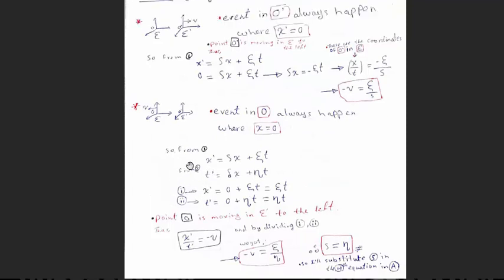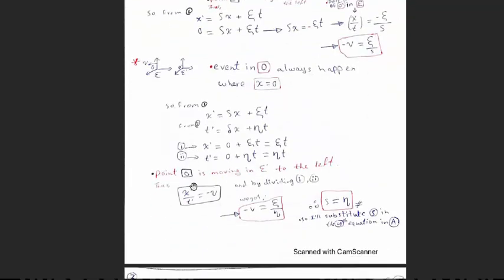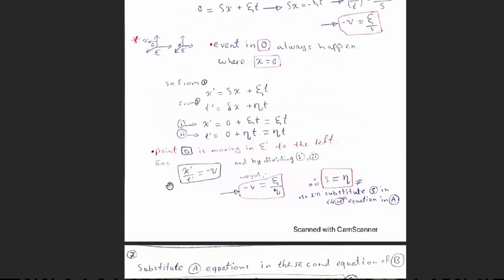So from these two equations, x dash and t dash, by applying that x equals 0, we got that x dash equals epsilon t and t dash equals eta t.